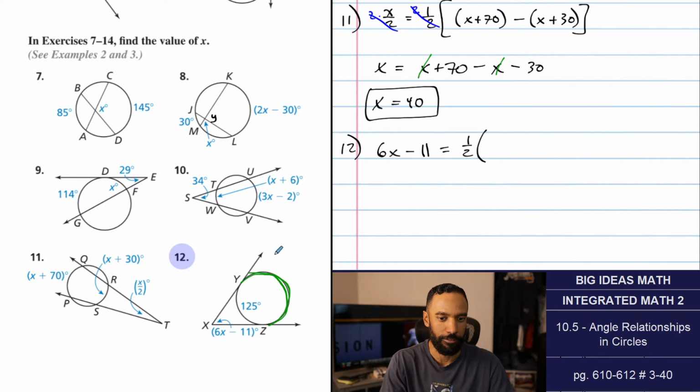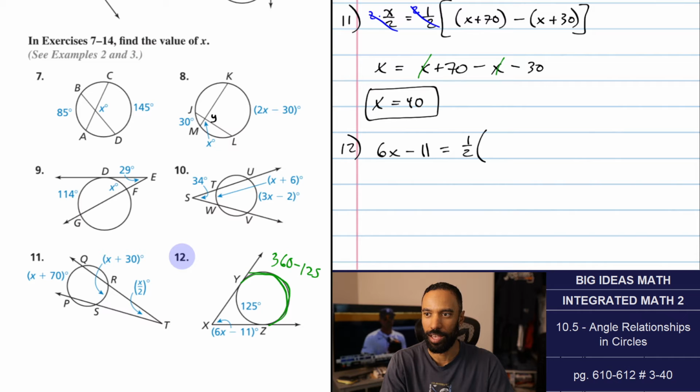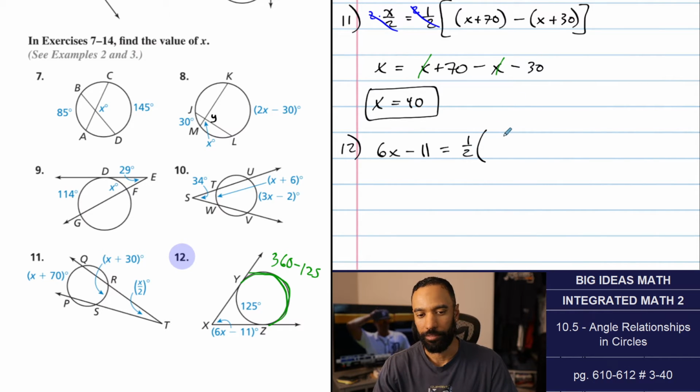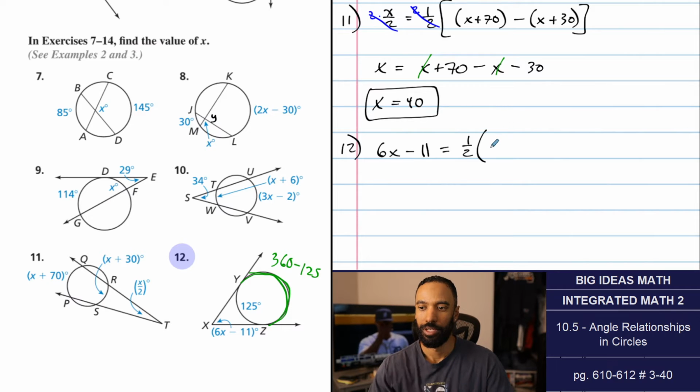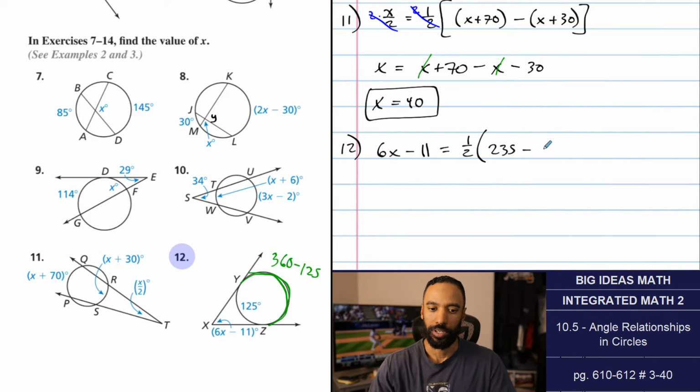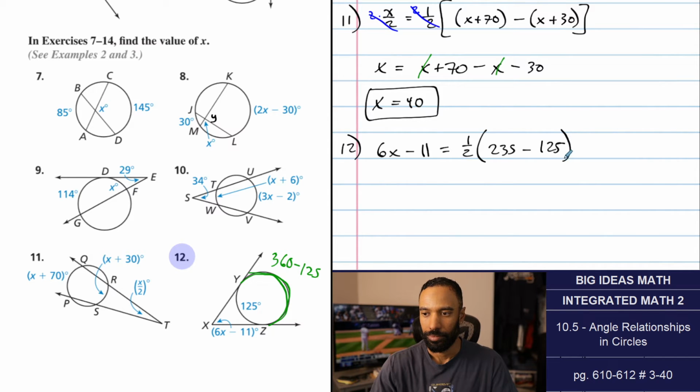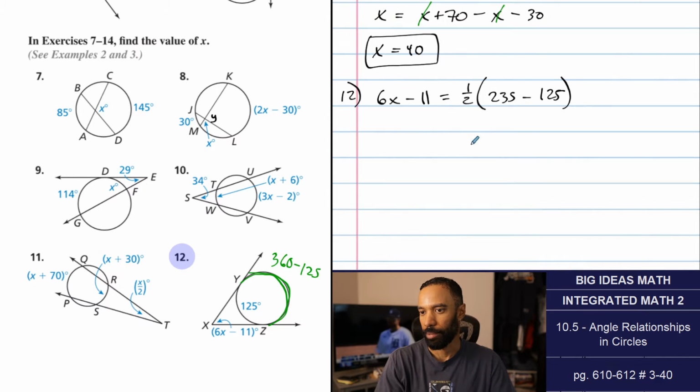If this is 125, then this is 360 minus 125, right? So check this out. What's 360 minus 125? I don't know, 235? 235, but we're going to subtract another 125 on top of that, like so. Okay.